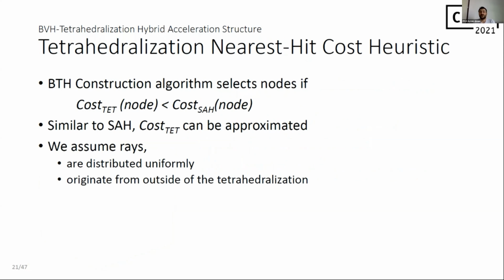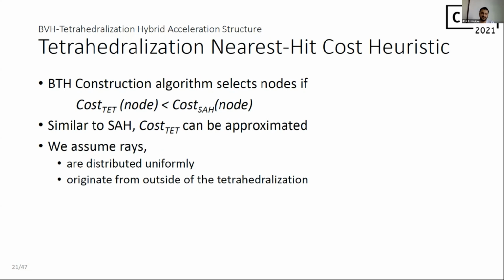So in order to construct efficient structures, we need to use a nearest seed cost heuristic. As I said, when we are constructing the structure, we check whether it's actually useful to have a tetrahedralization in this structure. So we need to have an idea about the cost of that tetrahedralization when we are actually traversing it.